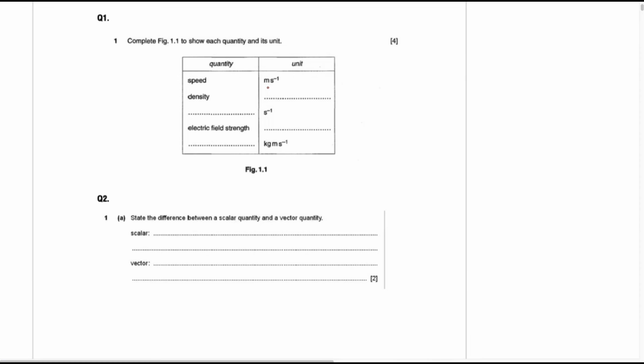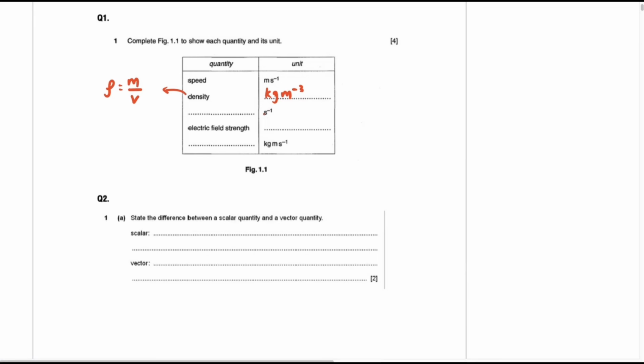Do you remember the formula for density? Mass over volume. Okay, correct. So rho equal to mass over volume. So the mass, kg, volume, meter cube. At the bottom, meter -3. So we get the unit.